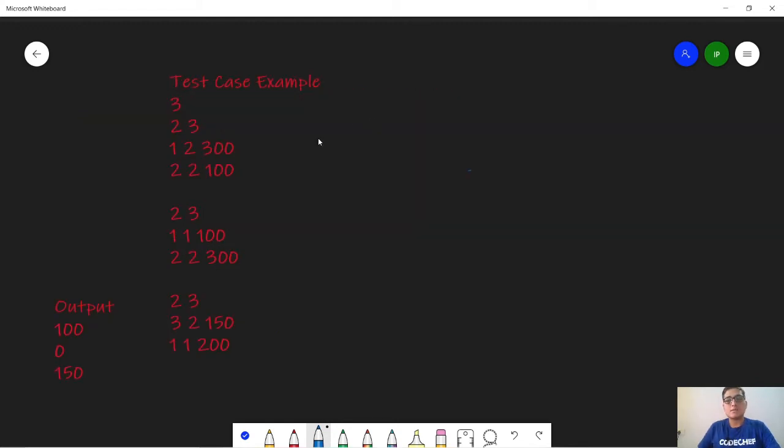Let us look at some test cases to understand the problem. In the first test case, the programming camp is going to happen for 3 days, 1, 2 and 3. Trainer 1 will arrive on day 1 and trainer 2 will arrive on day 2. On day 1 we have only one trainer, so trainer 1 will take the lecture. On day 2 we have trainer 1 and 2 both, let us have trainer 1 take the lecture.